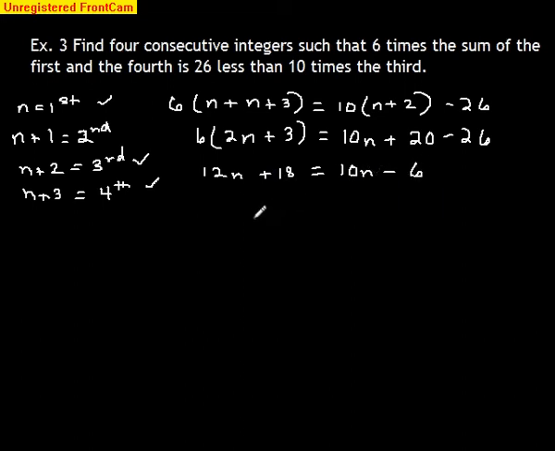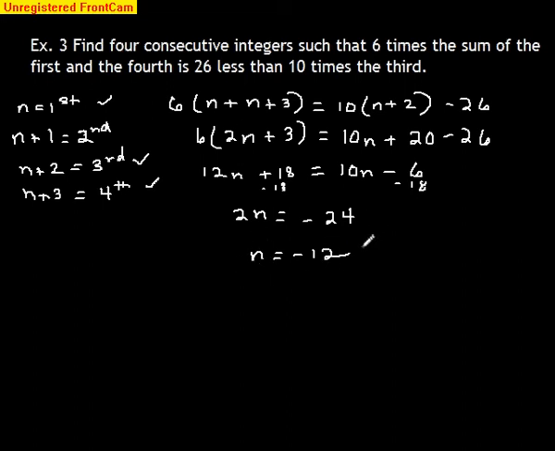All the n's on one side, so we'll subtract 10n from both sides, so we get 2n. And I'm doing this all in one step, and we'll subtract the 18 over here, equals minus 24. So we're going to get n equals, divide both sides by 2, negative 12. Now, first time we had a negative.